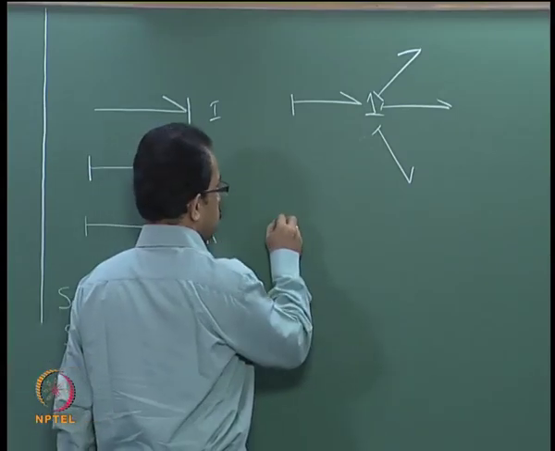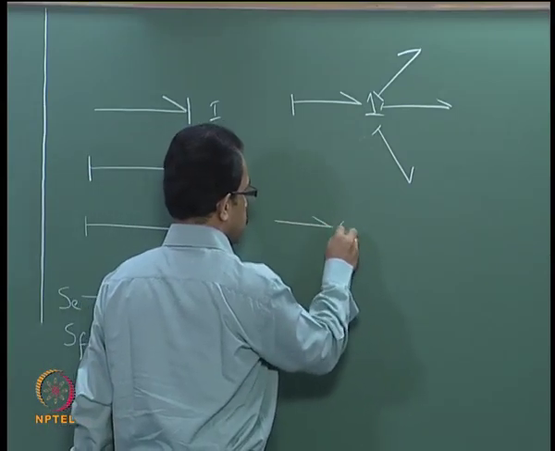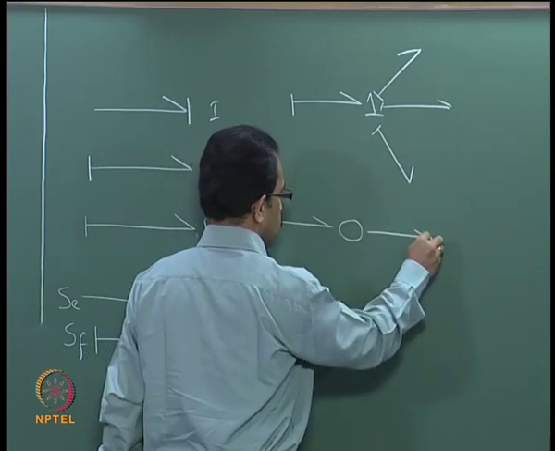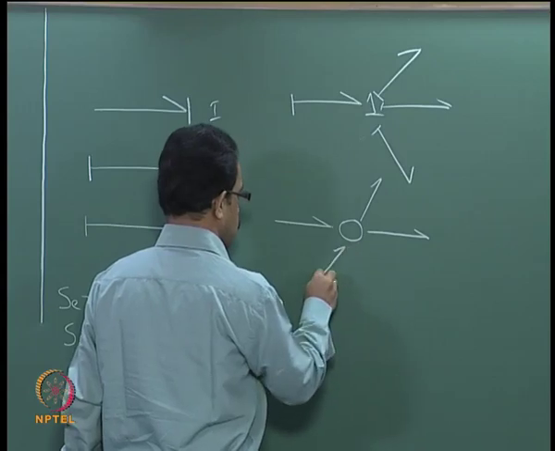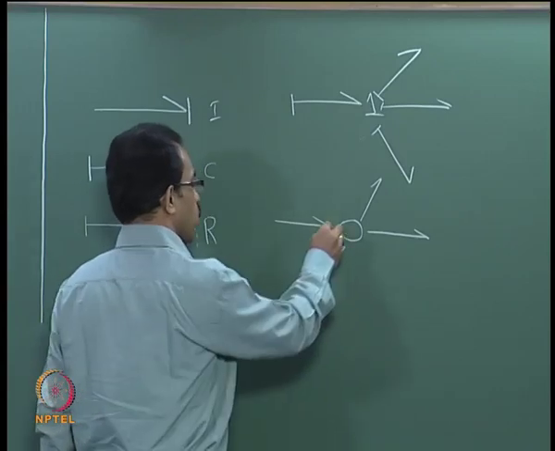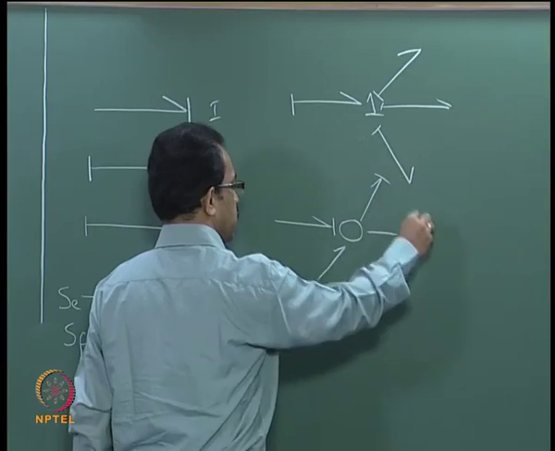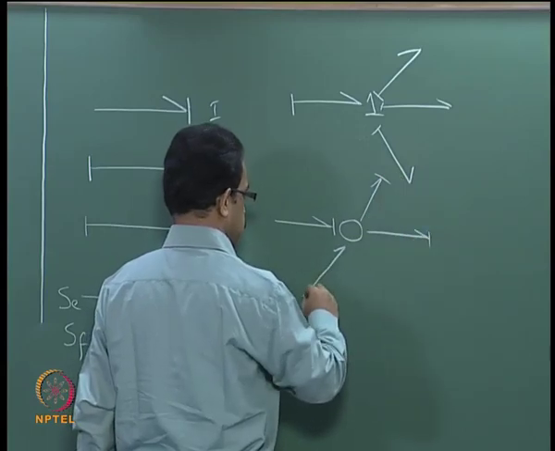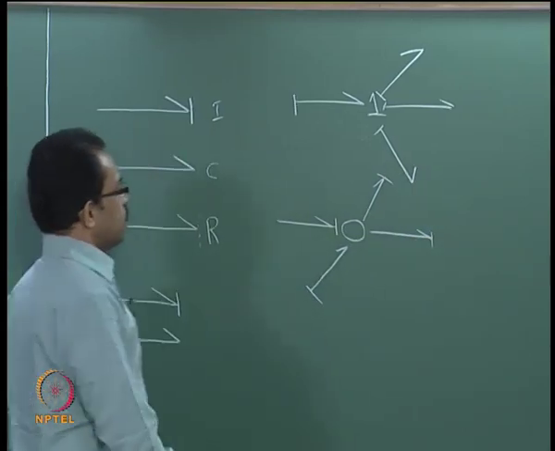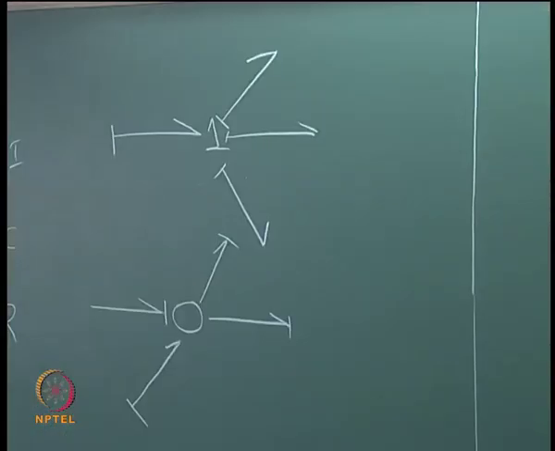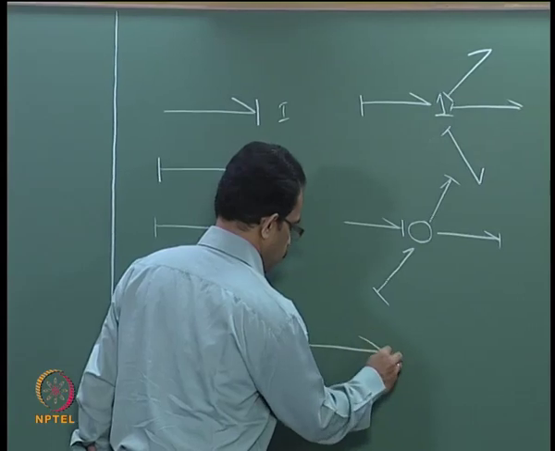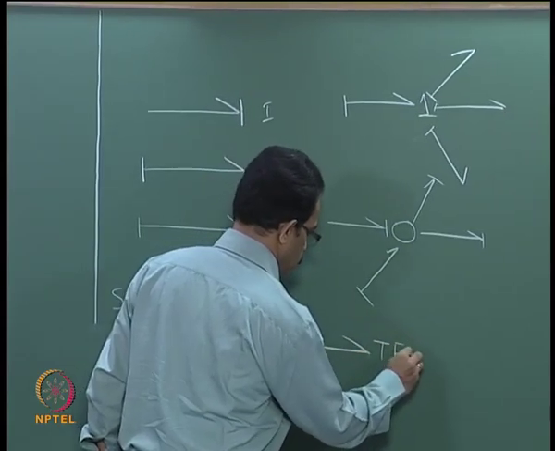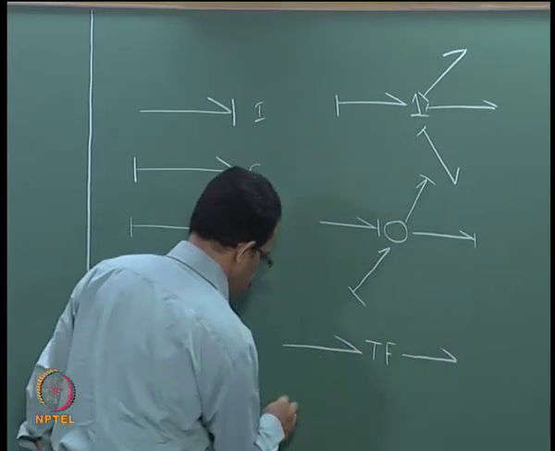And then you have this 0 junction. So here you can have only one effort and all others will be here. So this is the one junction and this is the 0 junction, and the other two elements are the transformer and gyrator.